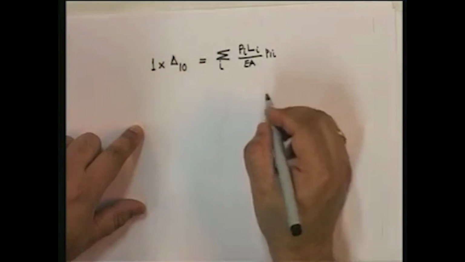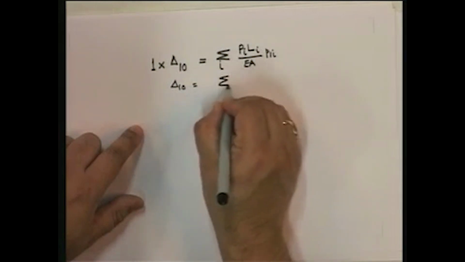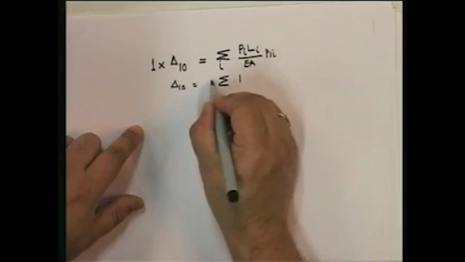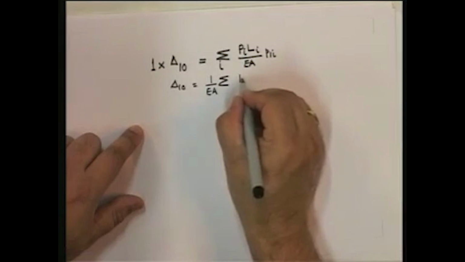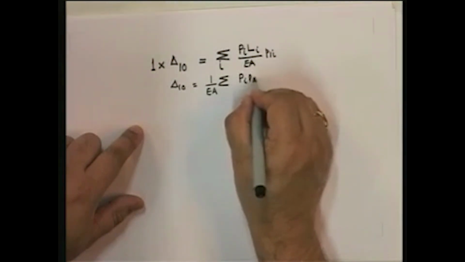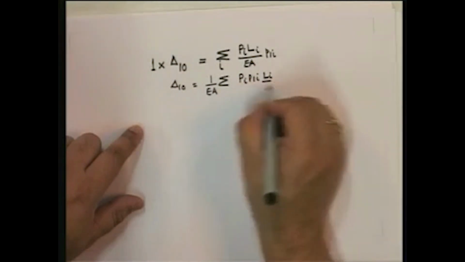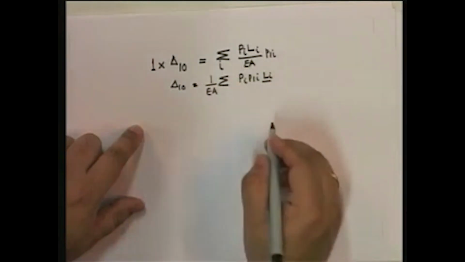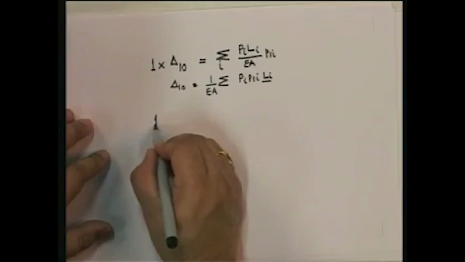So delta 1,0 is nothing but the summation of P1i times P0i times Li, with EA going outside because it is the same for all the members. So that gives me delta 1,0. How do I get delta 1,x?